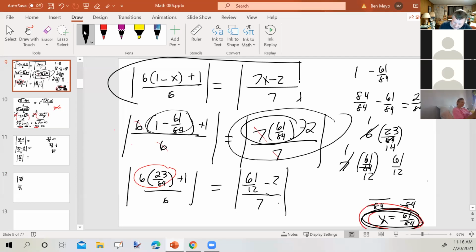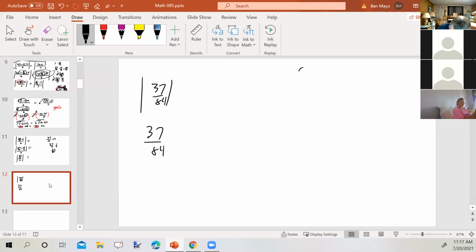Okay. So 61 over 12 minus 2 would be 61 over 12 minus 24 over 12, because I'm going to take 2 and multiply it by 12 over 12. What's 61 minus 24? That's 37 over 12.